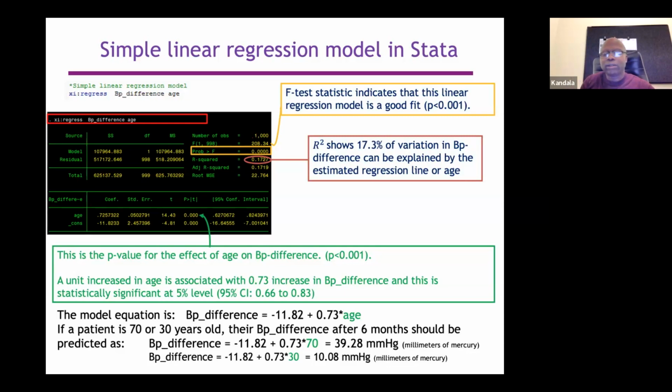The fact that 80% of the variation cannot be explained by age means that this simple regression analysis may not be informative. We cannot conclude from this. That is the only message that this may indicate.